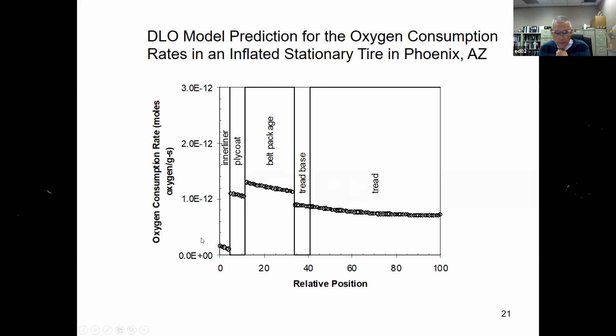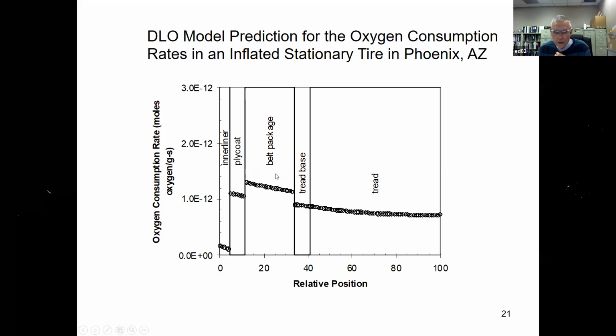And the way we're incorporating the effect of oxygen partial pressure in the cavity of the tire is two ways. The input to the diffusion limited oxidation model requires the term beta, okay? And beta is a term that is basically the effect of oxygen partial pressure on oxygen consumption rate.